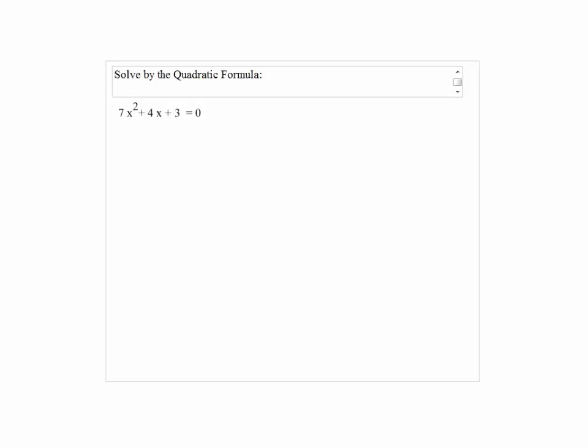Solve by the quadratic formula. The quadratic formula is given by x equals negative b plus or minus the square root of b squared minus 4ac over 2a, for the general equation ax squared plus bx plus c equals 0.